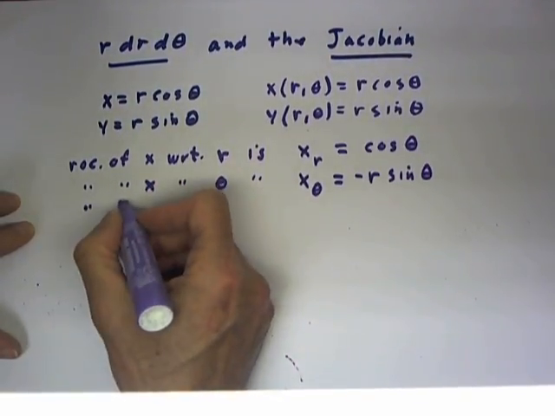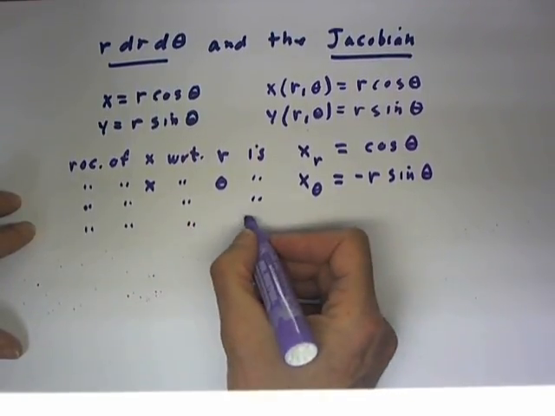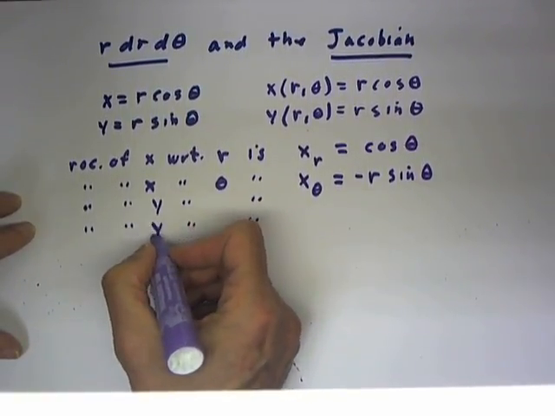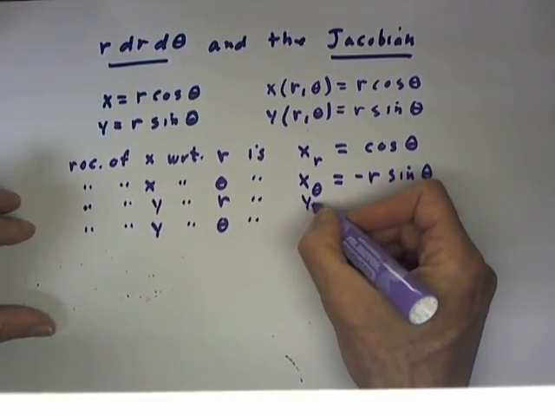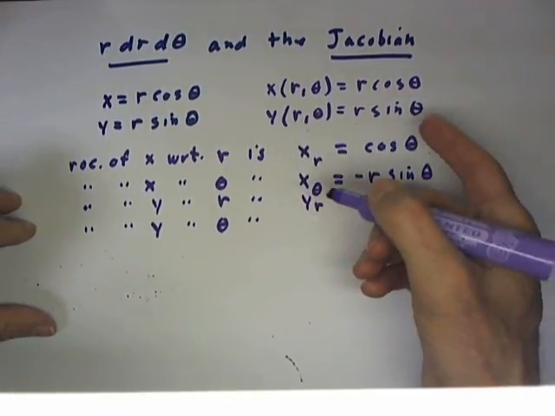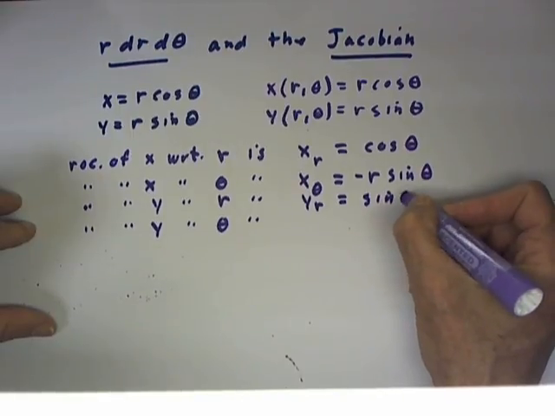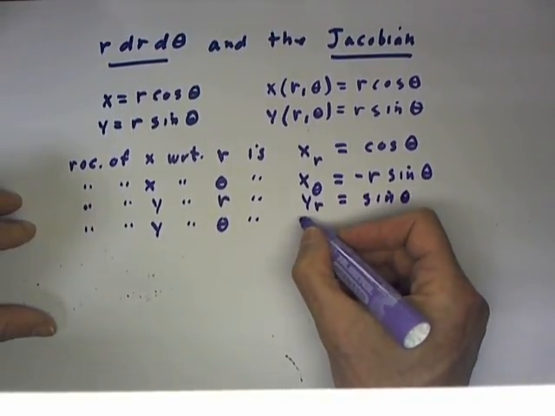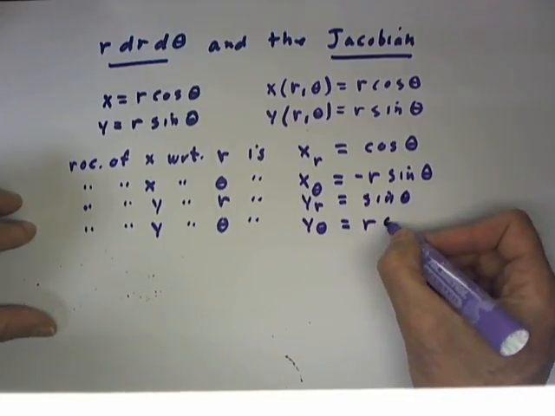And we can make similar statements about the derivatives of y with respect to r and theta. The y derivative is what? Derivative of r sine theta with respect to r is just sine theta. And the derivative of y with respect to theta is r cosine theta.